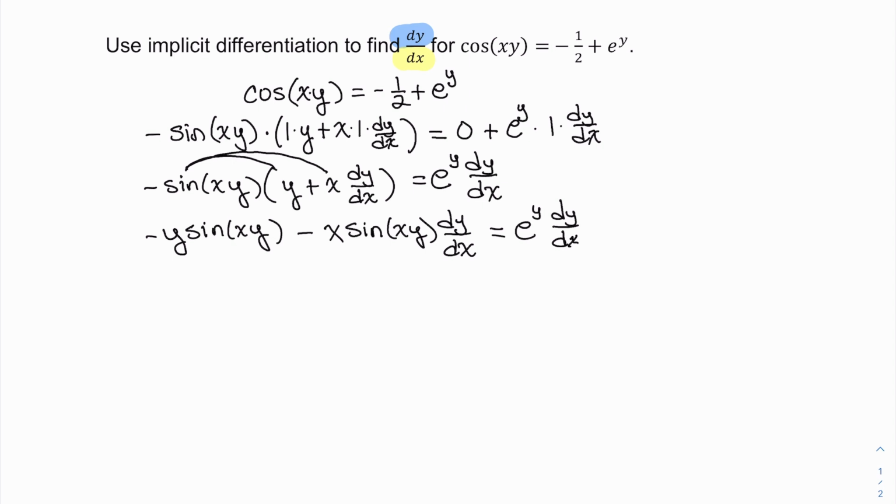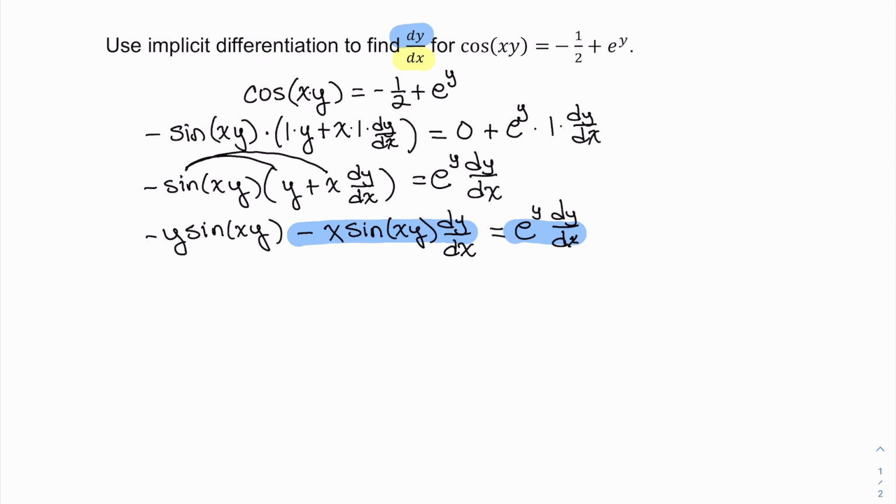Now, when I look at these terms, the first term does not have a dy/dx in it. The second term does have a dy/dx, and then I have my equal sign, and on the right-hand side I also have a dy/dx. I want all the dy/dx terms on the same side of the equal sign.